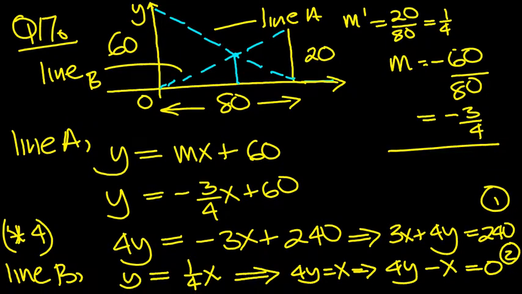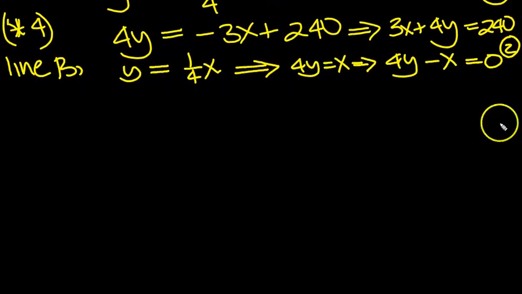Now I've written the x and y's around the wrong way, which doesn't help. But here are our two simultaneous equations then. And now what should we do?